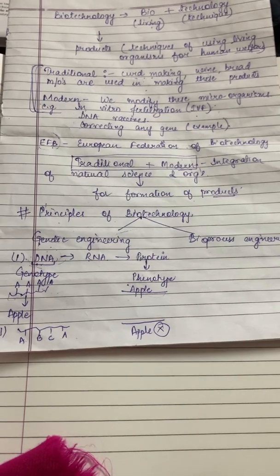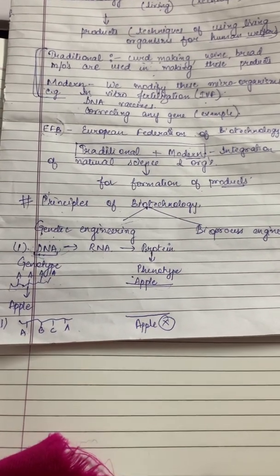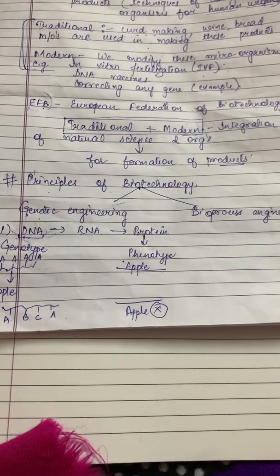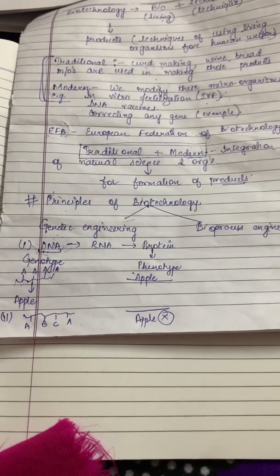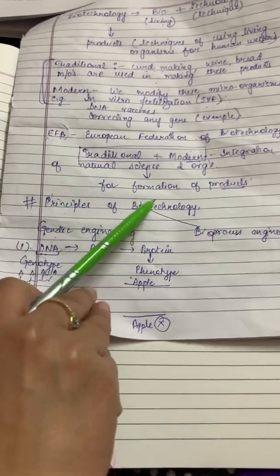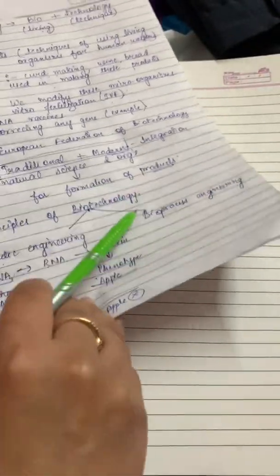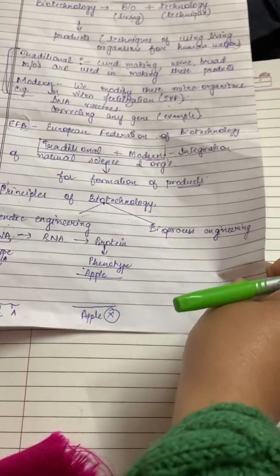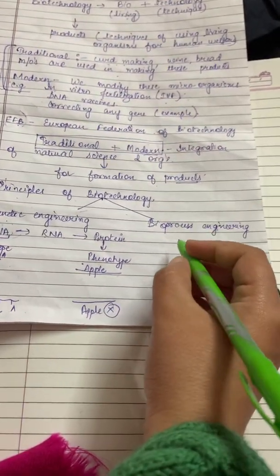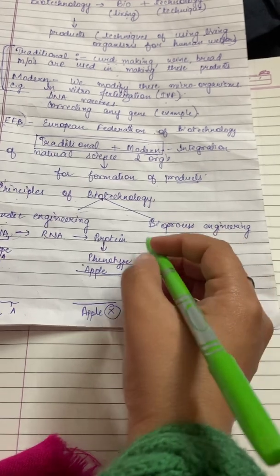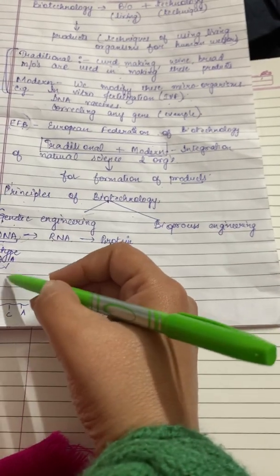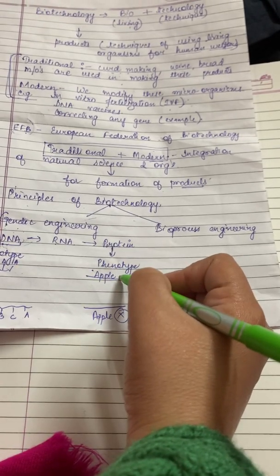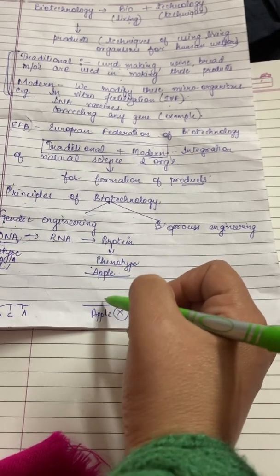Clear? So the next one is bioprocess engineering. Now what is done in bioprocess engineering? Here we alter the genotype to make the new phenotype. For example, this is our desired phenotype.